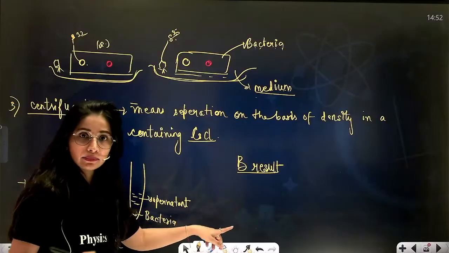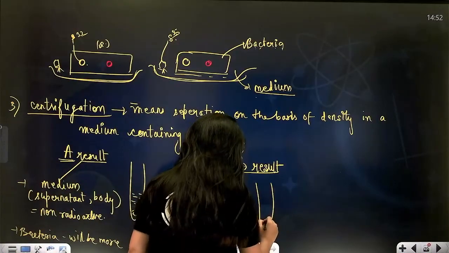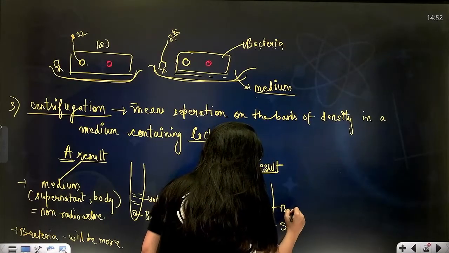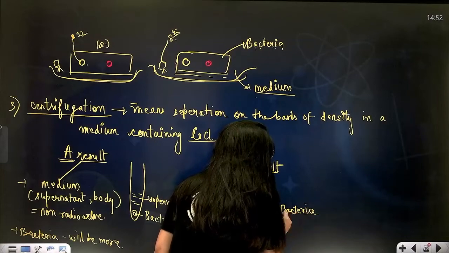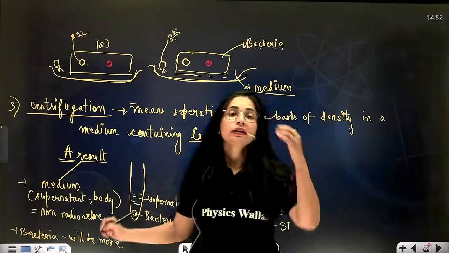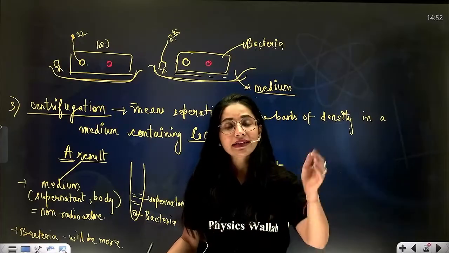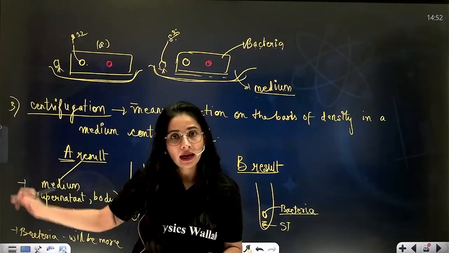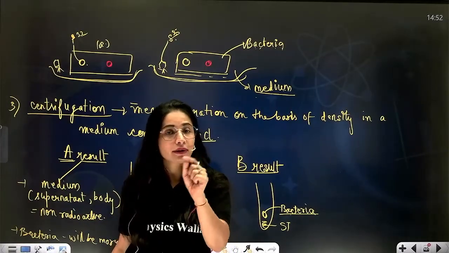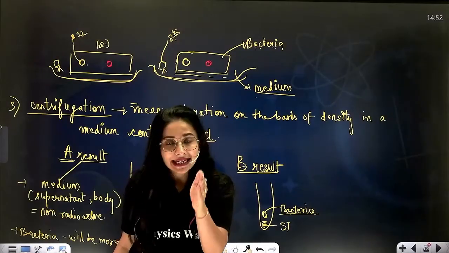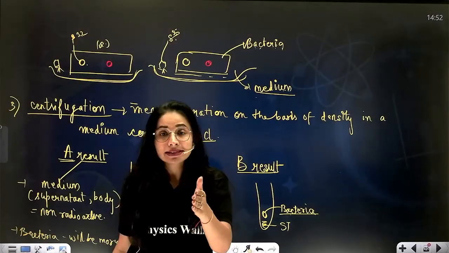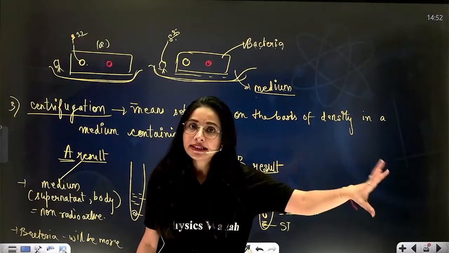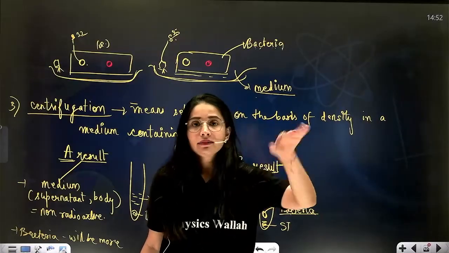In the B case, it will be just the opposite. The supernatant will be heavy and the bacteria will be lighter in weight. Now what is the reason? The reason is radioactivity. In case of A, the radioactivity enters inside the bacteria along with the phosphorus, because in case of A we have labeled the genetic material with radioactive phosphorus. Since DNA is the genetic material that enters inside the bacteria, it carries the radioactivity inside. Simply the virus body, which is non-radioactive, remains in the supernatant.